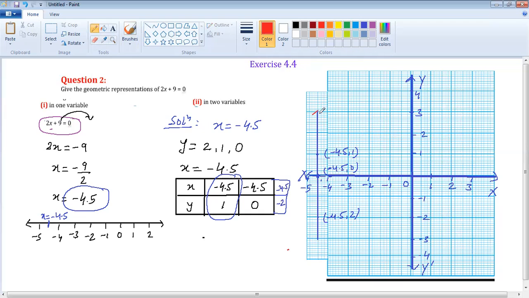So this one is the line, which is x is equal to minus 4.5.